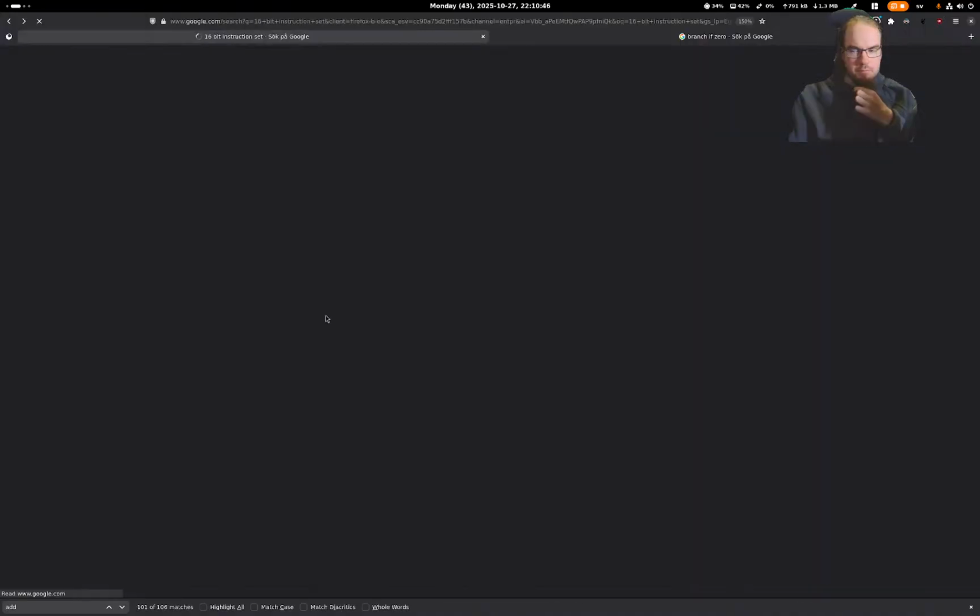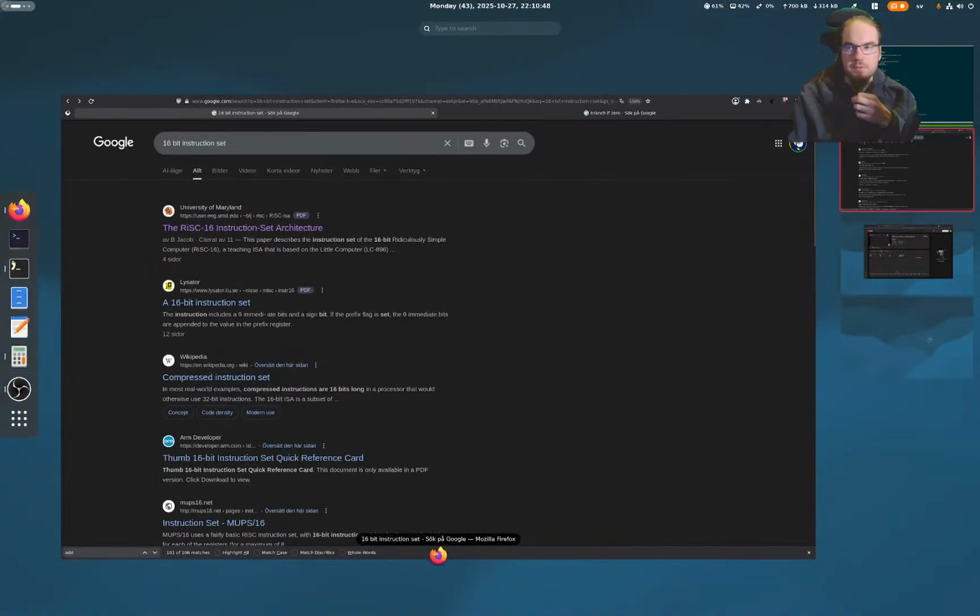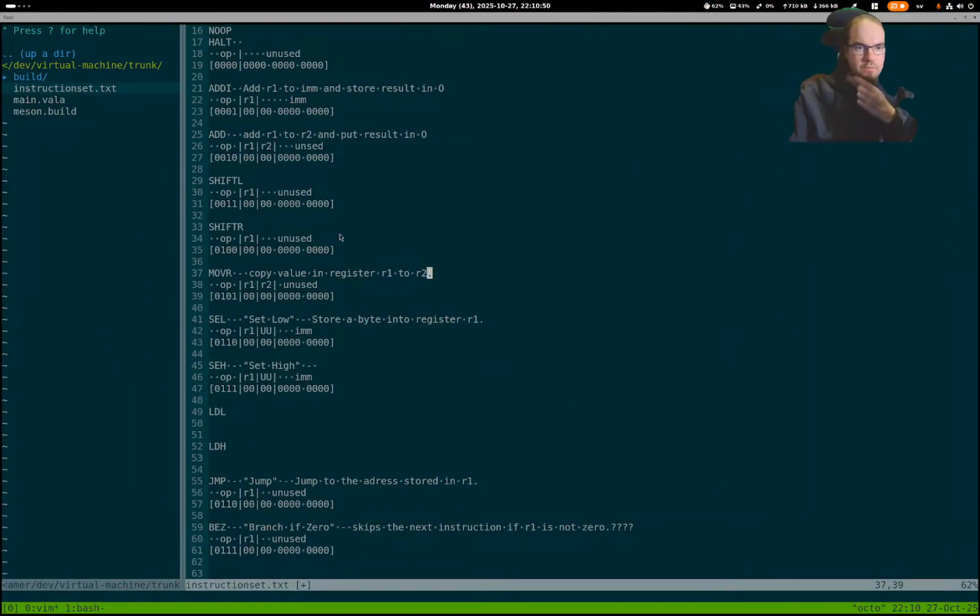They don't have any multiply and stuff in that one. I would really like to have multiply and divide, but I don't see how to do that in an effective way. How do I do that effectively?